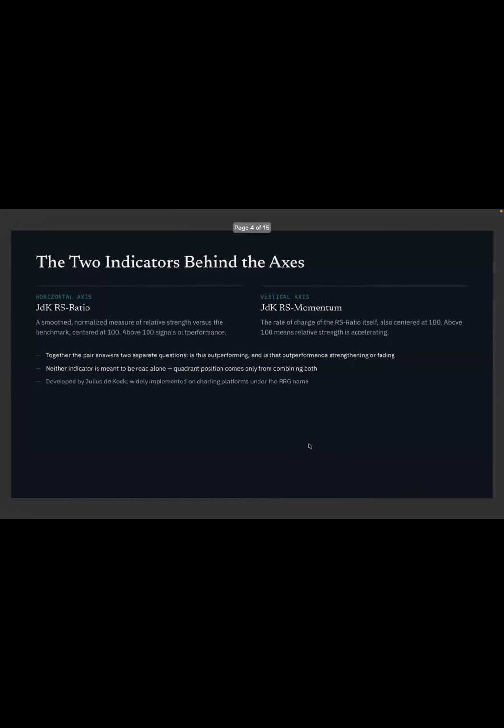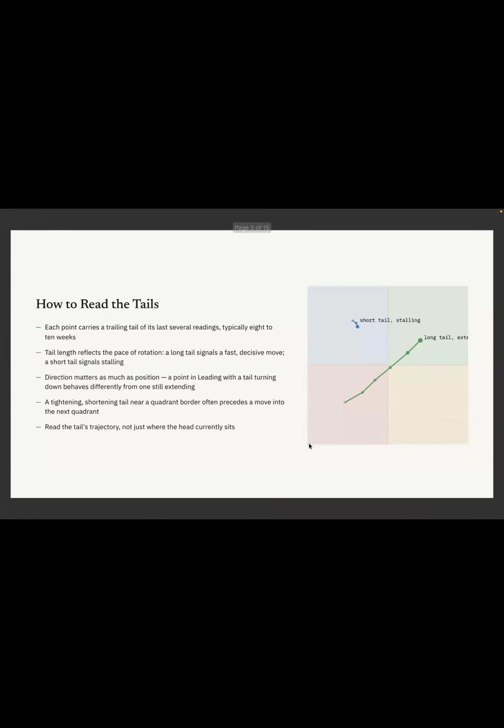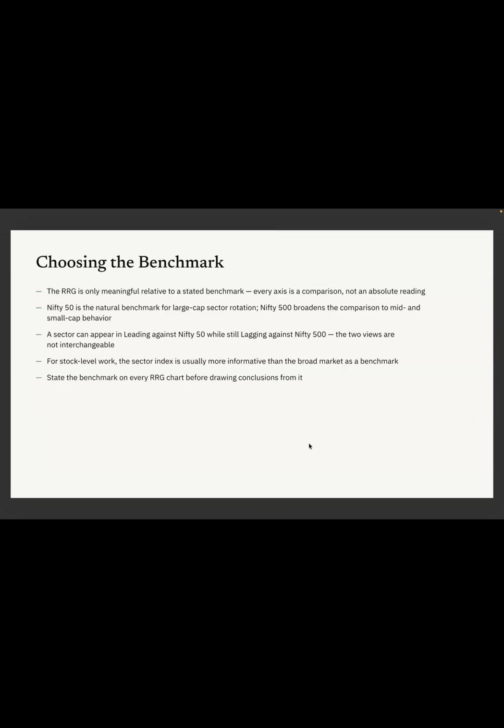This is a very big topic, but I hope everyone has understood the gist of why we use relative strength, and how using relative strength will help you identify opportunities which can outperform in a particular market and help you get quick returns in a short period of time.